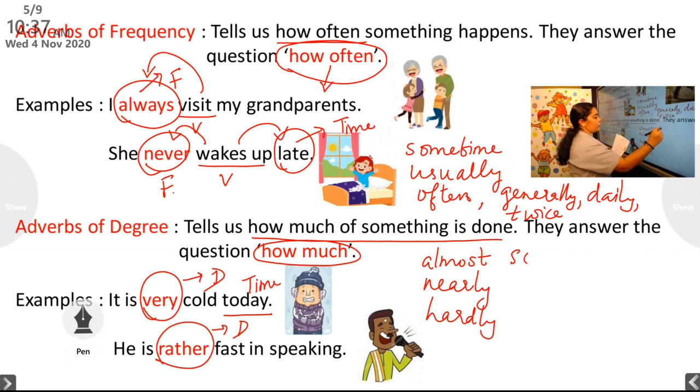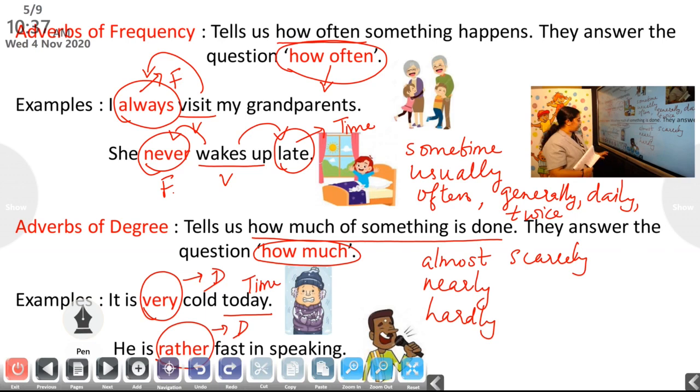It is all given in your textbook. Scarcely, completely. All these are adverbs of degree. For the adverb of degree, the question word you have to ask is how much, and it answers how much of something is done. The most commonly used adverbs of degree are very, rather, almost, completely, nearly, hardly, scarcely.